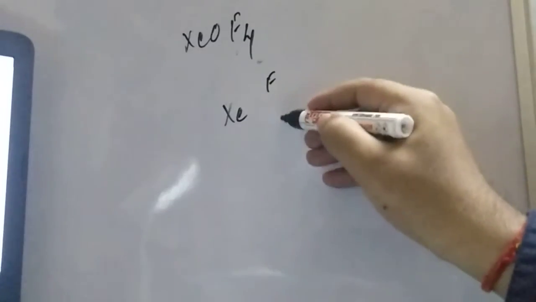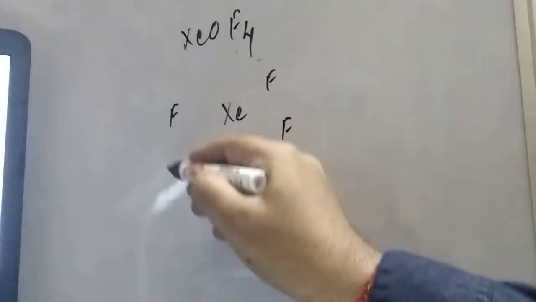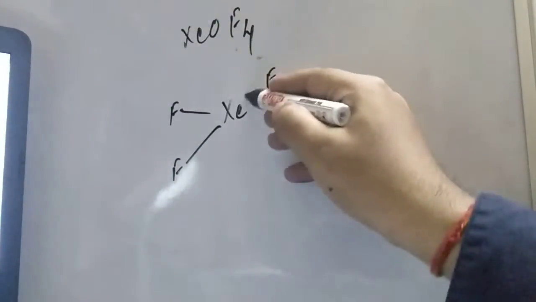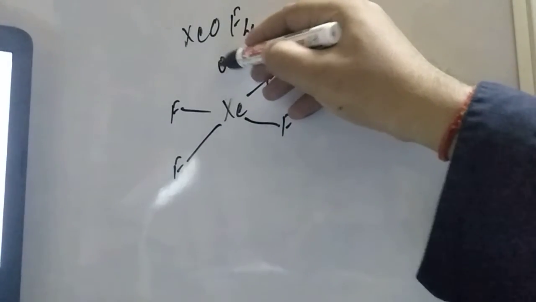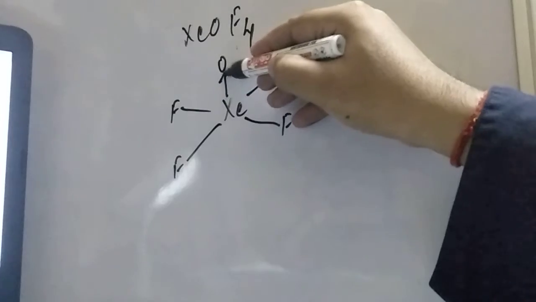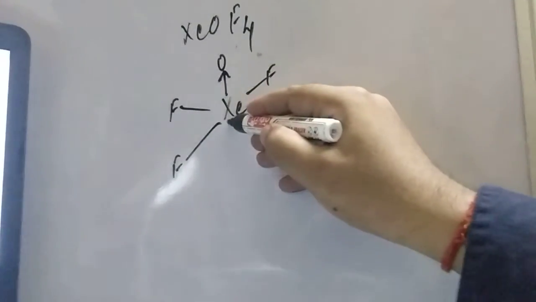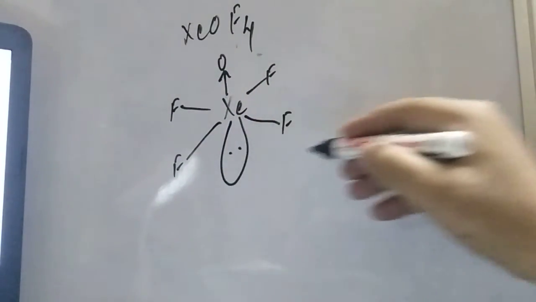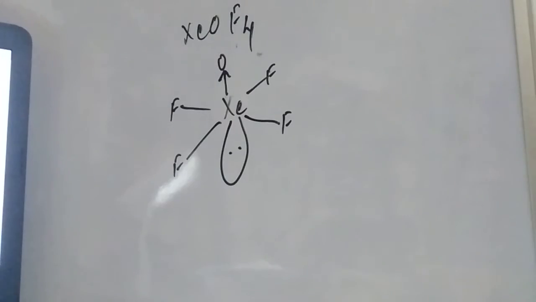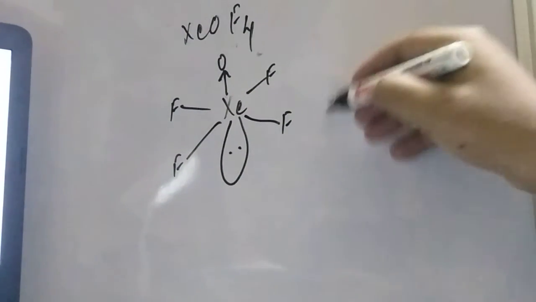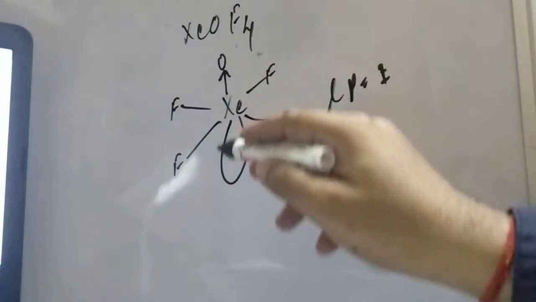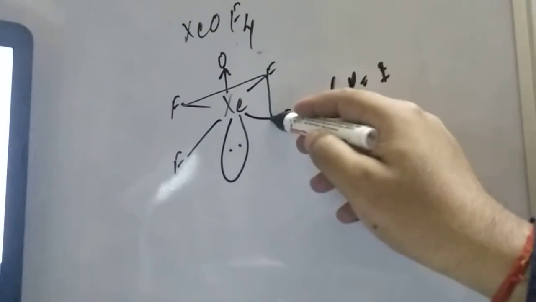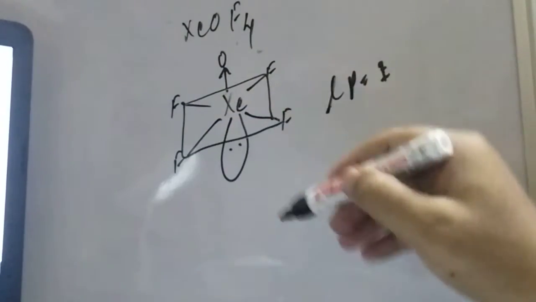So 1 fluorine will be like that, in a square planar arrangement. Here 4 electrons are used, students. And this oxygen will be there, and it will donate 1 electron, and here will be the lone pair of electrons. So the total number of lone pairs will be 1, because here it will form 1 coordinate bond and 4 covalent bonds. Its structure is like this, students.